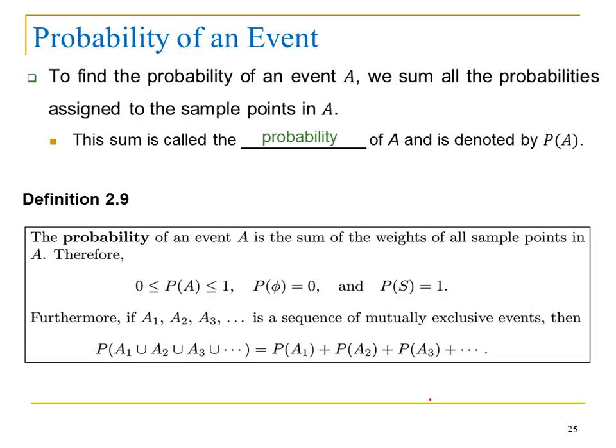If you look at the Venn diagram, mutually exclusive, no overlapping. So if we have such a situation, then we can find the probability of those mutually exclusive events by just adding them. Because there's no overlapping, there's no intersection, no duplication of probabilities. Okay?